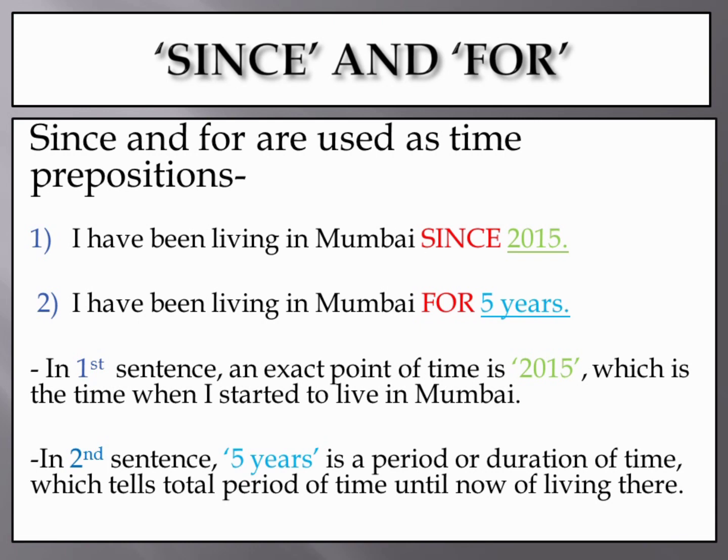That means from the time when I started to live there till now, the present, it has completed 5 years. So it is showing a total time period of living there.